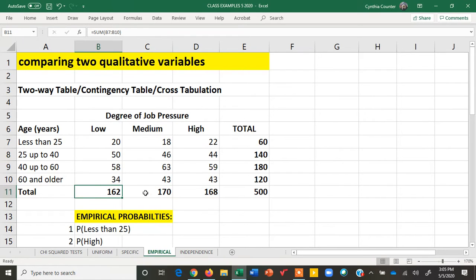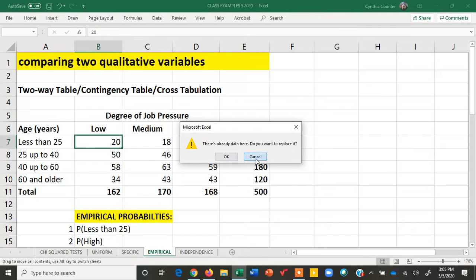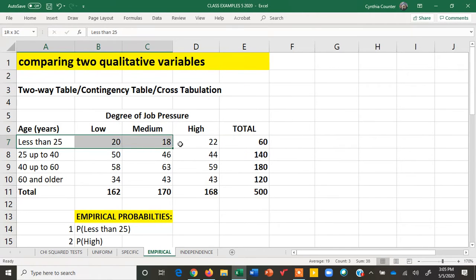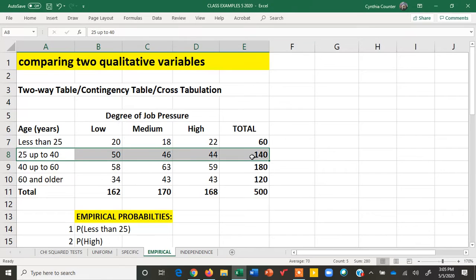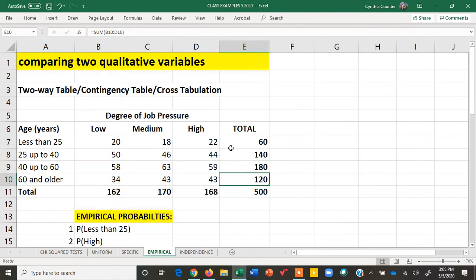So here we have the column totals, and here we have row totals. All right, so here is our contingency table. What we're going to do from this is compute empirical probabilities. They're empirical probabilities because it's from collected data.